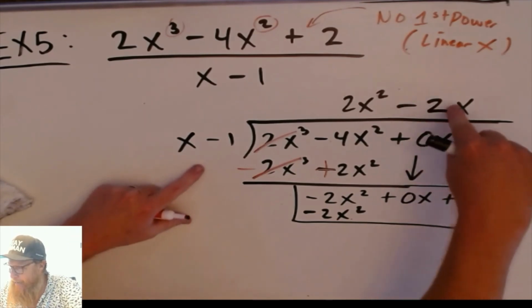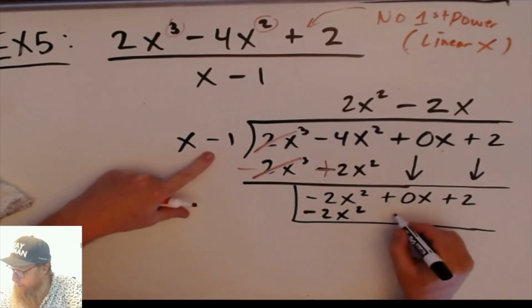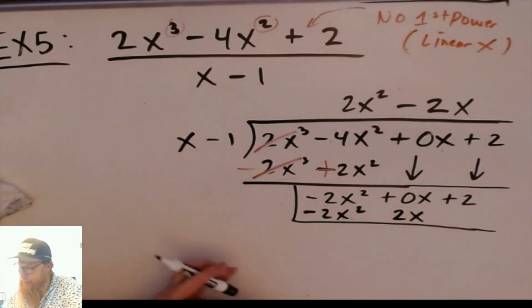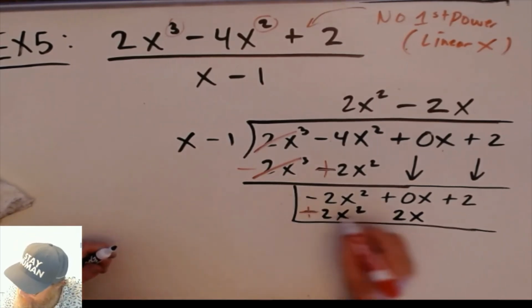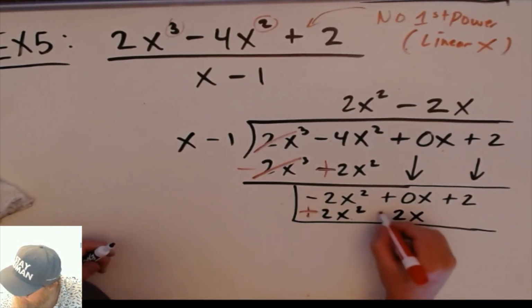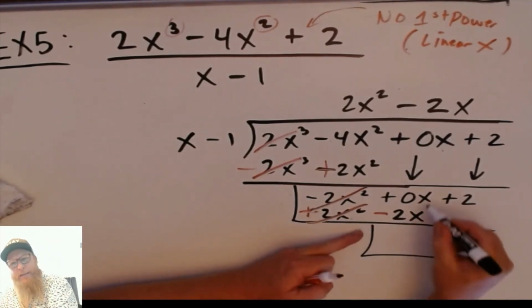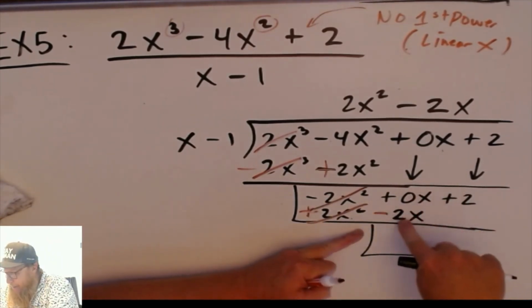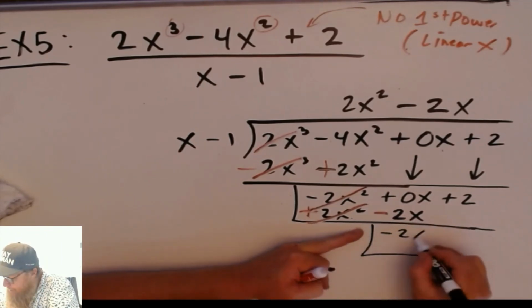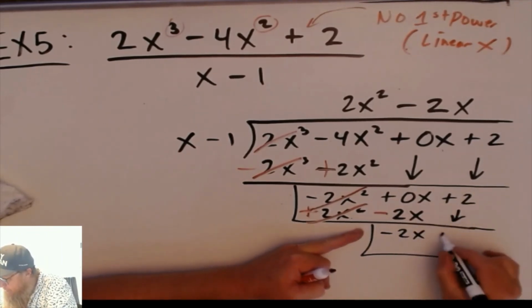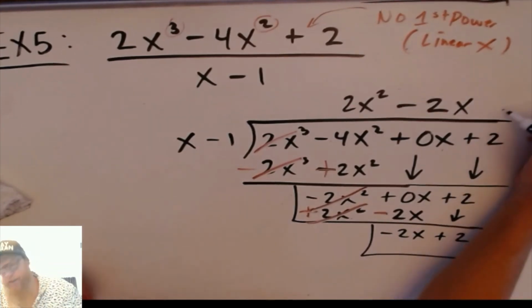And then you got negative 2x times negative 1 is positive 2x. Change the signs. So that becomes positive, that becomes negative. Cancel the leader. And you see how important that placeholder is. 0x and negative 2x, that becomes negative 2x. Bring down the 2. Now you know you got one more round.